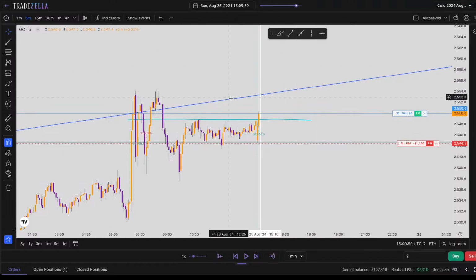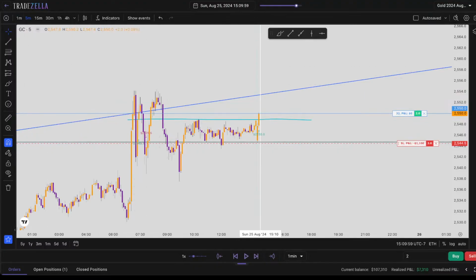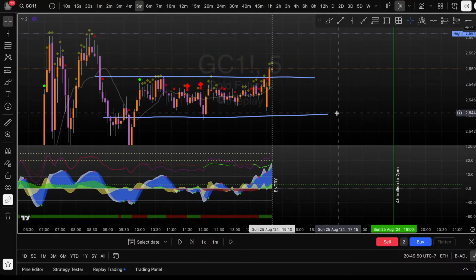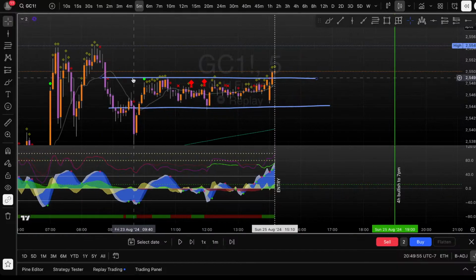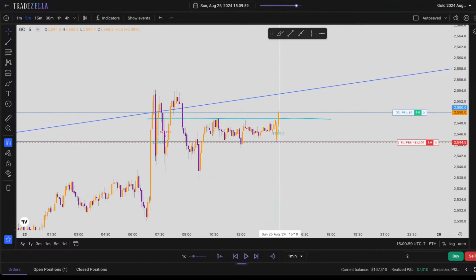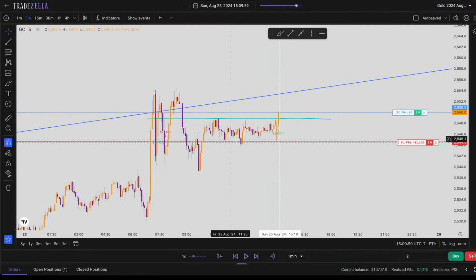Now, why is this line shows we had a 5 close above Sunday, August 25th. Yeah. 1510.